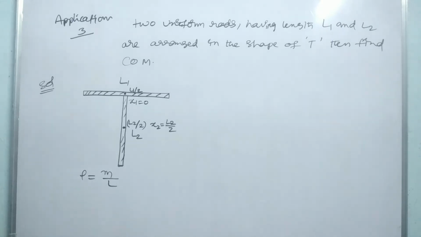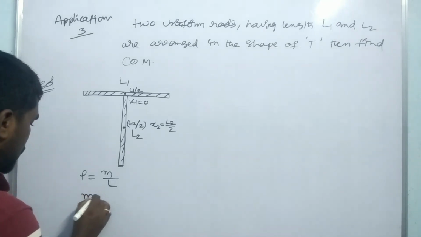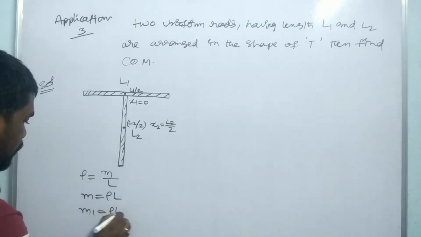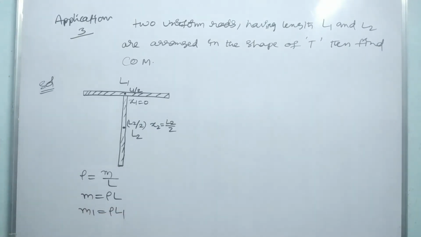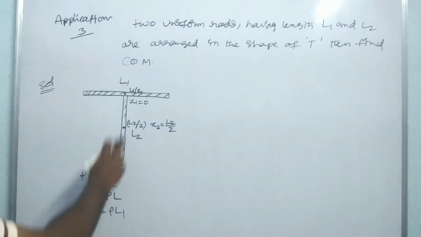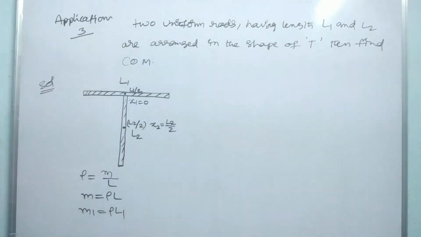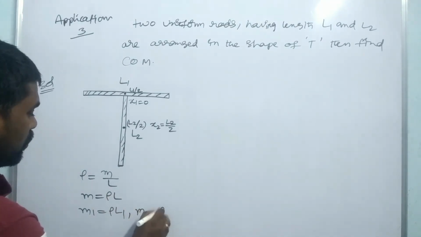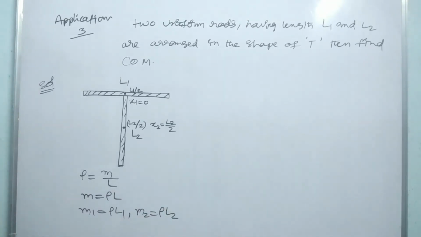In case of a uniform rod, length is taken in place of volume. Therefore mass is equal to density into length. So mass m1 is equal to rho into L1. Rho is constant for the two rods because they are uniform rods. And from this you can write m2 is equal to rho into L2.